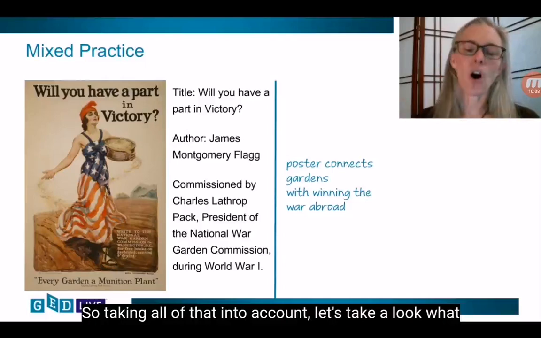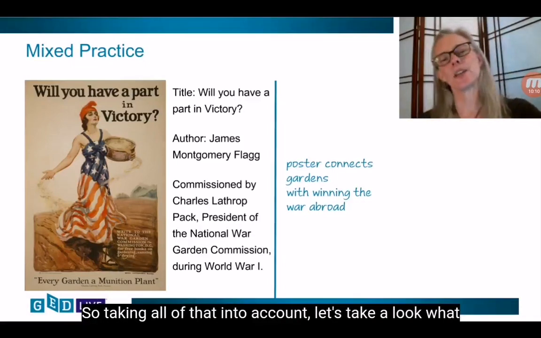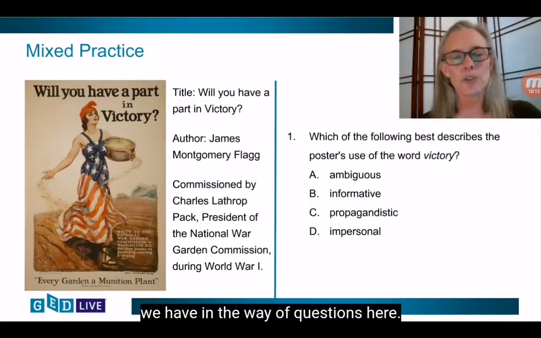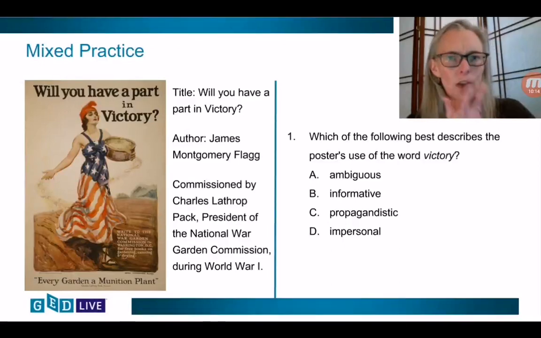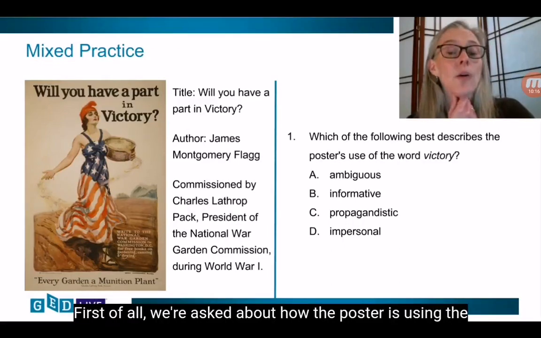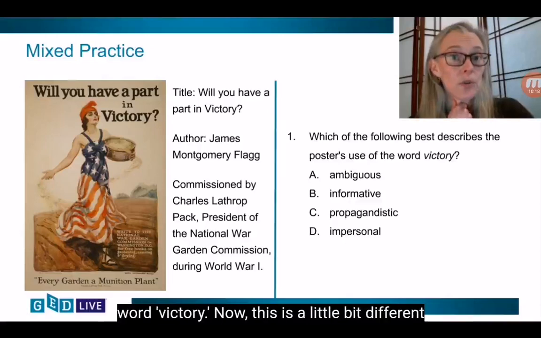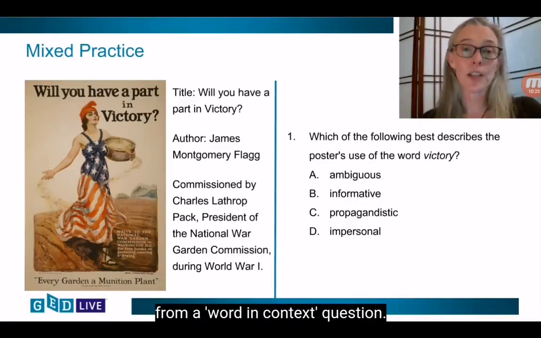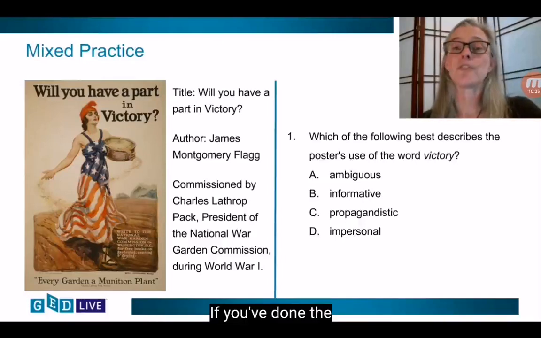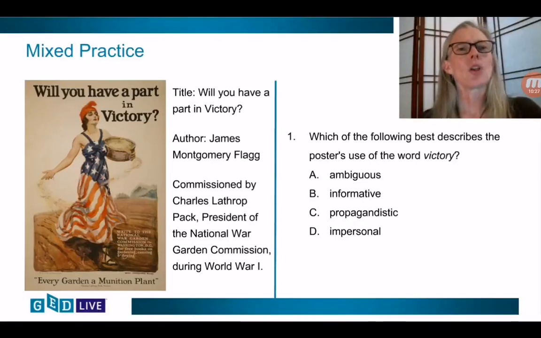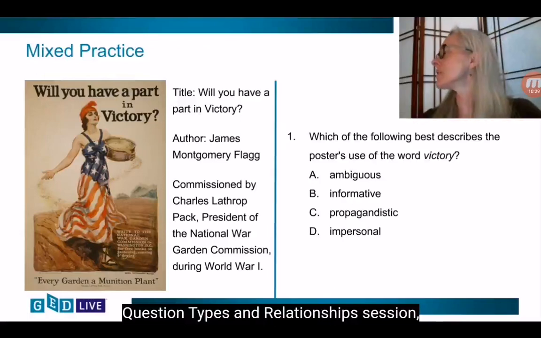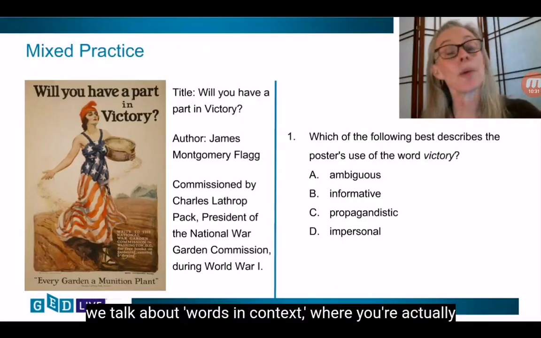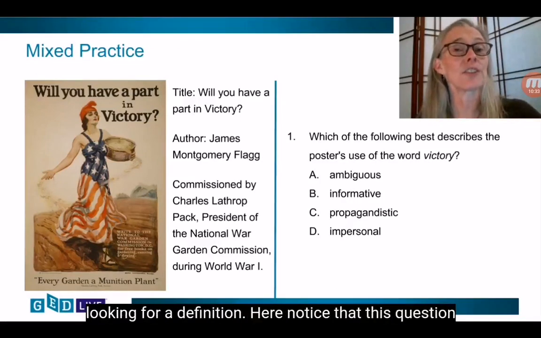So taking all of that into account, let's take a look at what we have in the way of questions here. First of all, we're asked about how the poster is using the word victory. Now, this is a little bit different from a word and context question. Right? If you've done the question types and relationships session, we talk about words in context where you're actually looking for a definition.